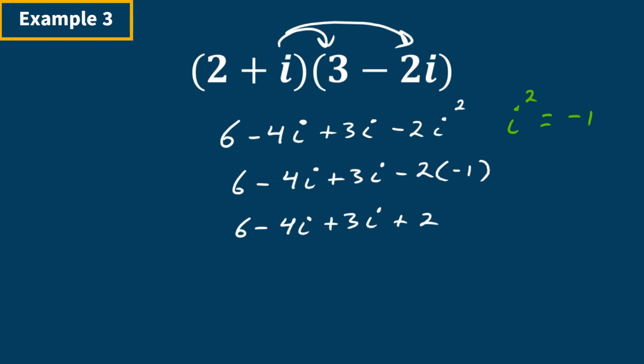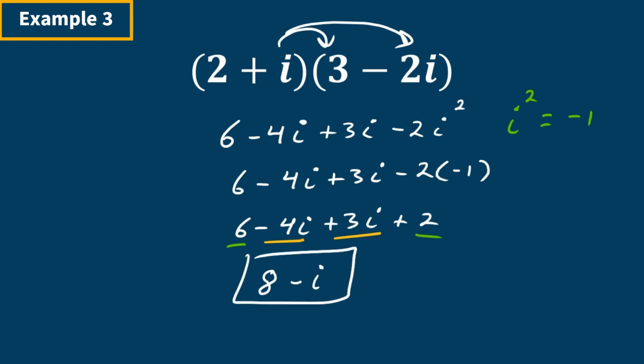From here, we can combine like terms. When we're writing complex numbers, we usually write the real part first. So let's look at the real numbers. In this case, we'll have 6 and 2. 6 plus 2 will give us 8. And now for the imaginary numbers, what we have is negative 4i and plus 3i. When you add those together, what we'll have is negative i. And this right here is going to be our final answer.